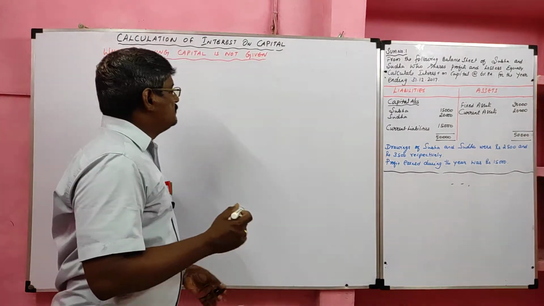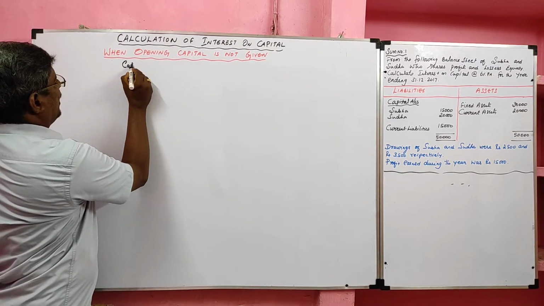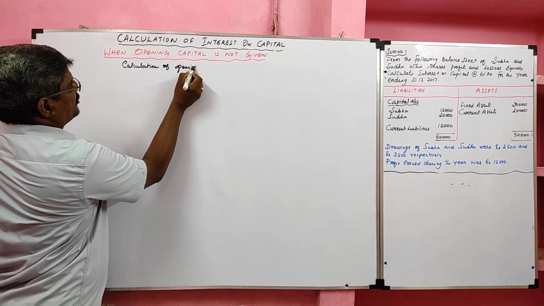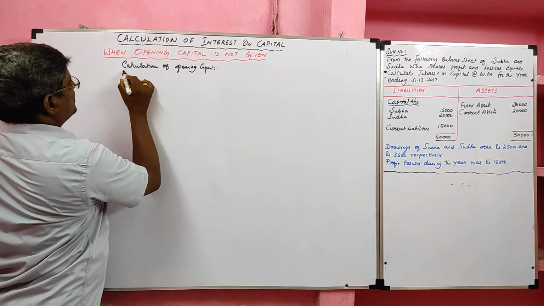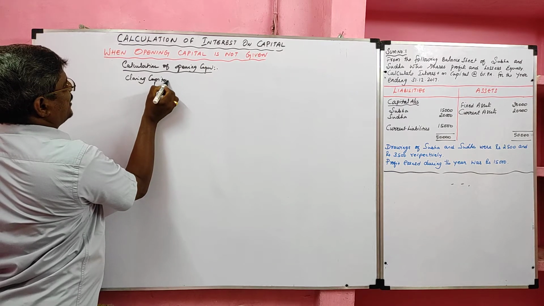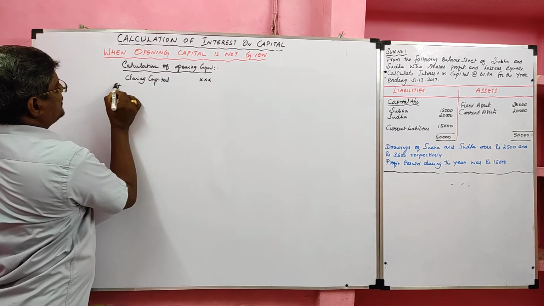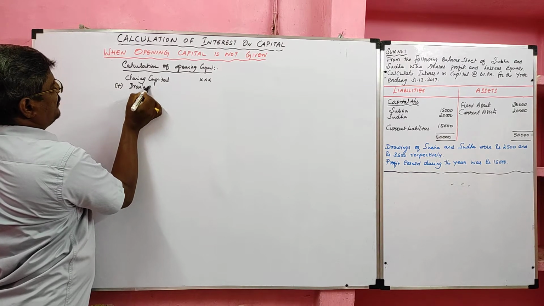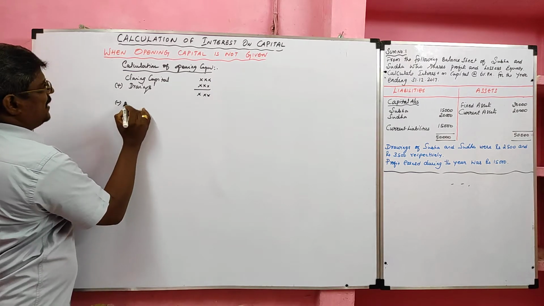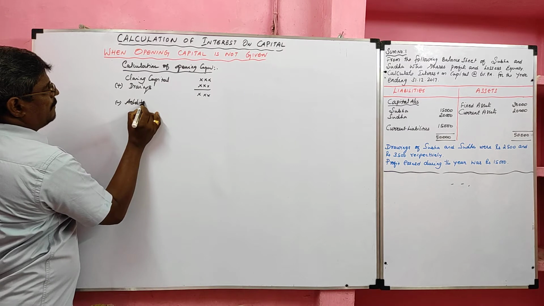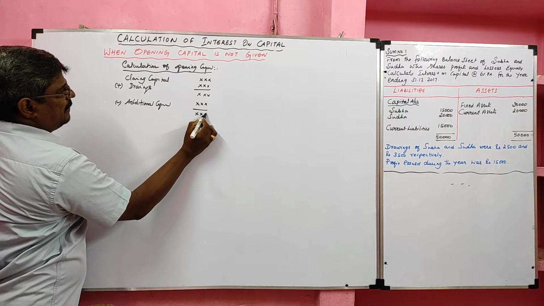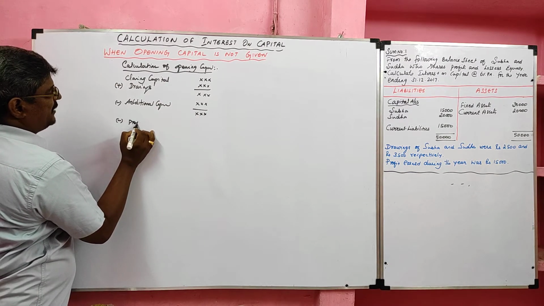Look at the board. Calculation of opening capital. The format is: closing capital plus drawings, minus additional capital, then we have to deduct profit earned during the year.